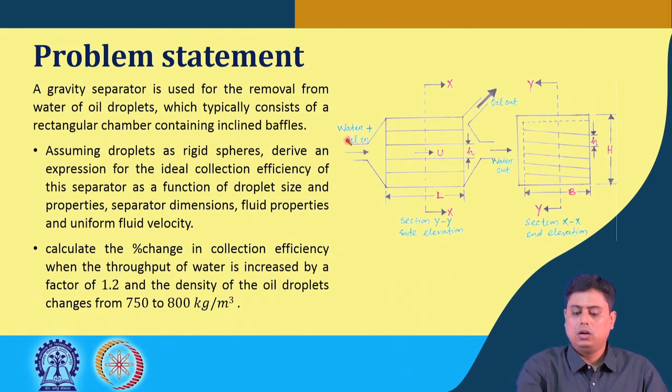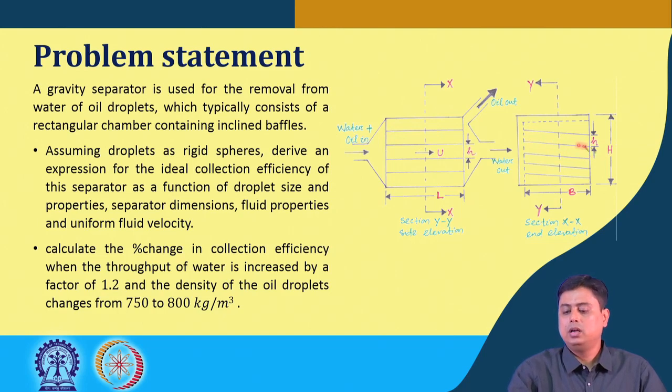So water containing oil droplets comes inside this chamber and passes through these inclined baffles, and as it travels, you can understand the separation mechanism: the oil droplets will come up and stick to the upper surface, or the inner surface, of the upper baffle, and if it goes there then it can be easily collected at the top.